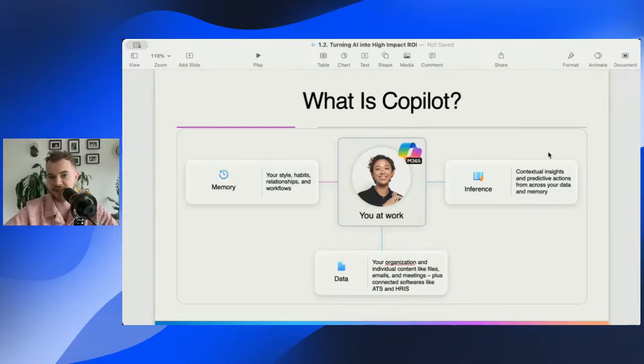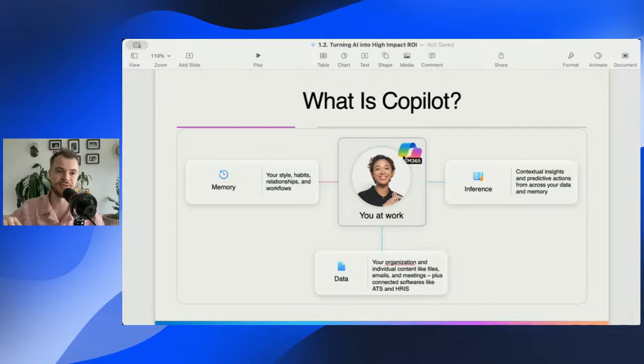The final piece of this is what Microsoft call inference, which is contextual insights and predictive actions from across your data and memory. So it's not just a chatbot that you go in, you ask a question, it spits it out. But Microsoft are pushing this to become kind of the orchestration layer for your daily tasks, whereby you can come into the Copilot user interface and you can get work done without having to frequently leave it.